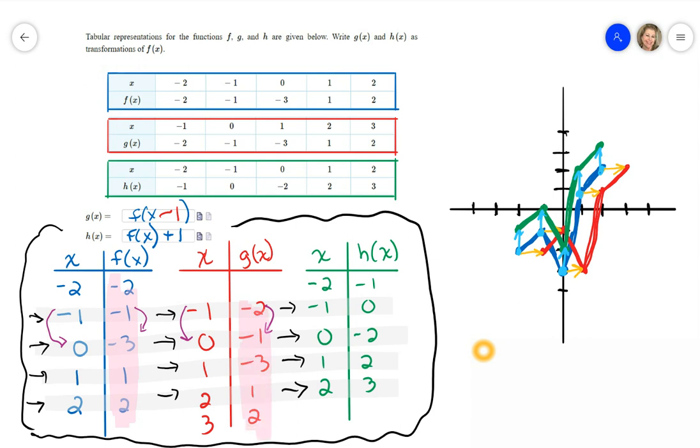But as you're going from -2 to -1, -1 to 0, 0 to 1, 1 to 2, you're actually increasing. The whole unit as a whole moves up 1 unit. So instead of -2 being with -2, now -2 is with -1.